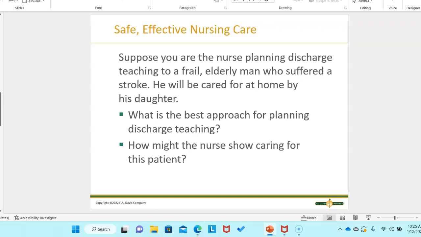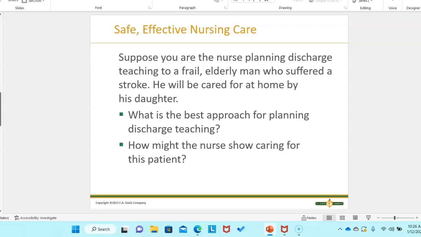The nurse knows the best approach for planning discharge teaching is to include caregivers or family members who will be involved in the care of the patient after discharge. You want to be able to create a non-threatening environment for learning. Reduce the distractions in the room before start teaching.